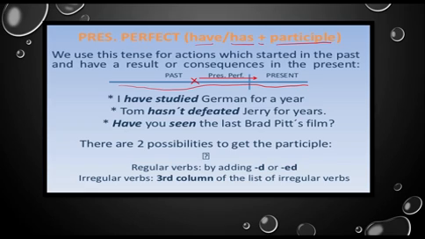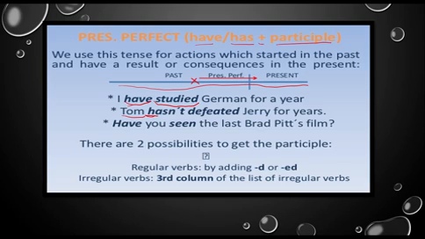Para eso es el presente perfecto, ¿ok? Con el uso del pasado participio. Y ahí te menciona 3 ejemplos de oraciones donde puedes observar el uso del have o del has, que siempre depende del pronombre, y te menciona el auxiliar y después el verbo en pasado participio.